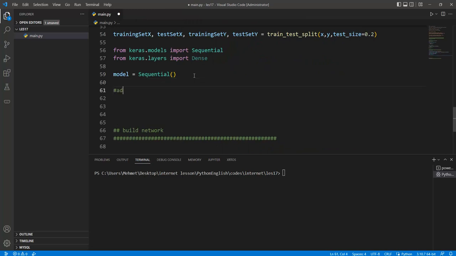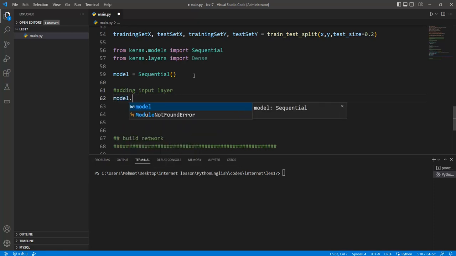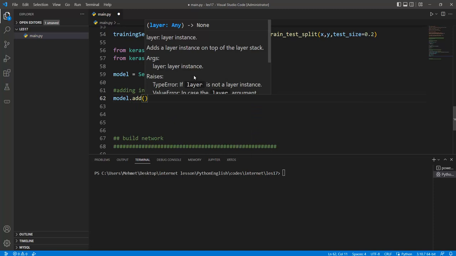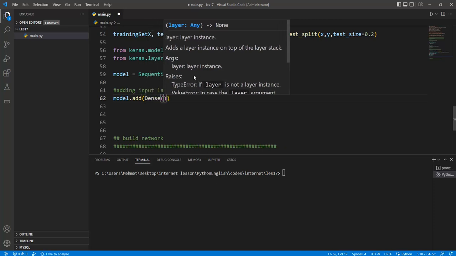In order to add the input layer to your study, the model.add function can be utilized here. This function has self and layer properties. In order to create your neural network layer, we should utilize the Dense function.